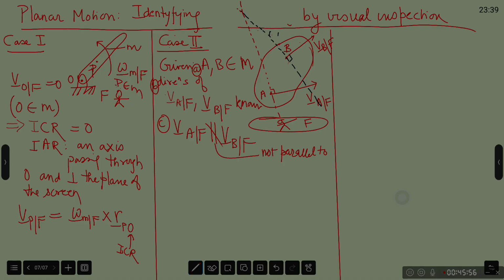They are intersecting here. I call this point as I. I is the instantaneous center of rotation of M with respect to F in the shown plane.